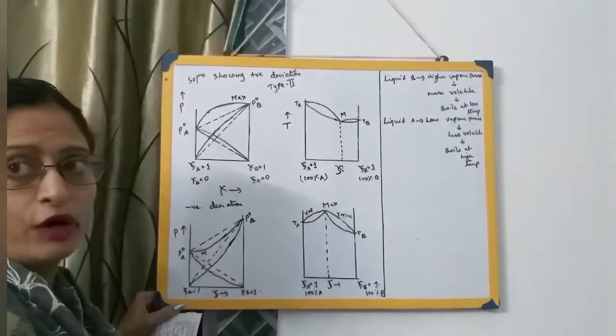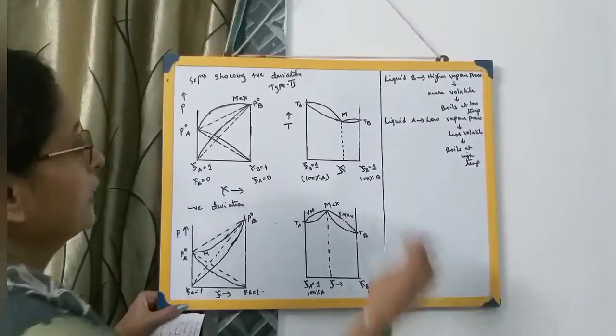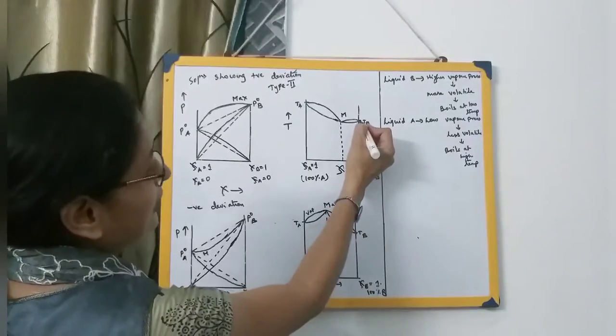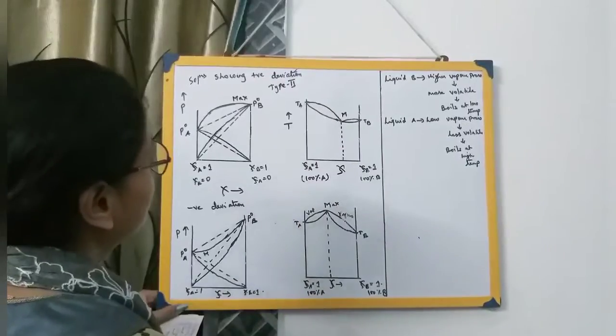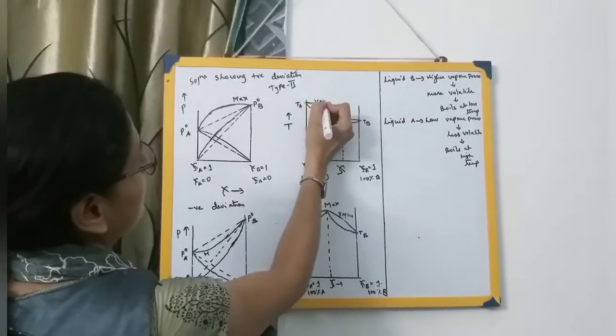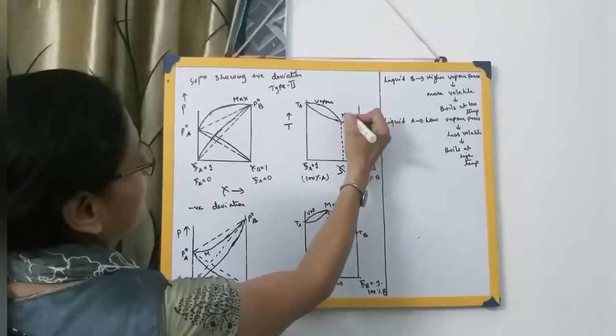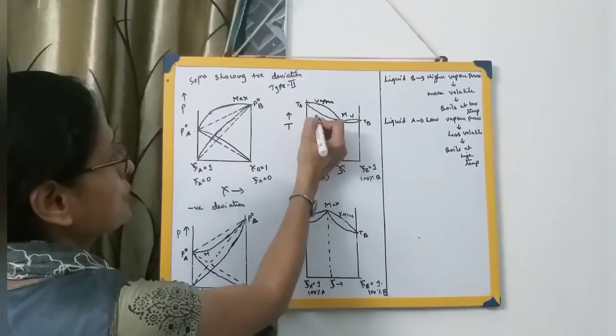TA is the boiling point of liquid A and TB is the boiling point of liquid B. So liquid B boils at a lower temperature, and liquid A boils at a higher temperature. These are the vapors of the liquid, for A as well as for B, and this is for the solution.